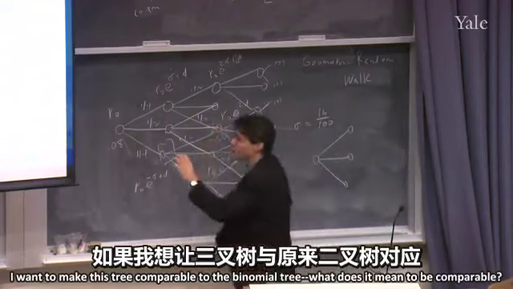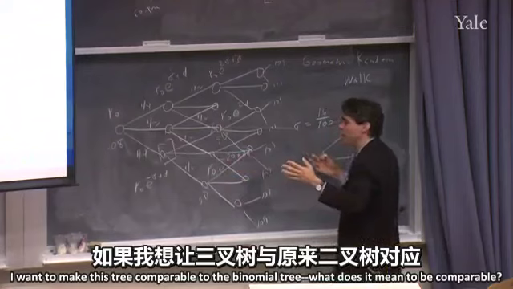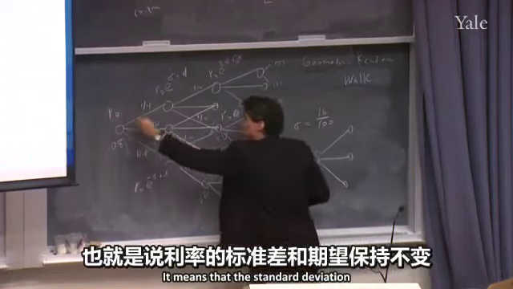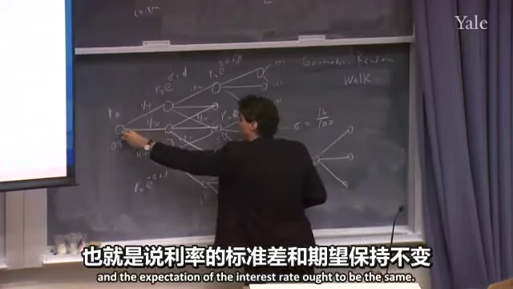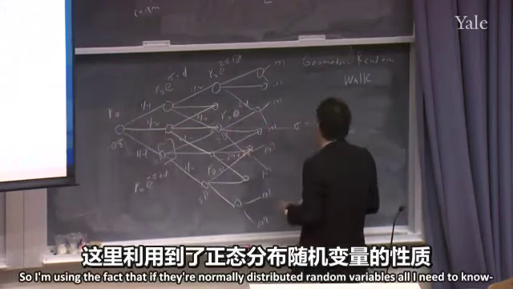If I want to make this tree comparable to the binomial tree, what does it mean to be comparable? It means that the standard deviation and the expectation of the interest rate ought to be the same.